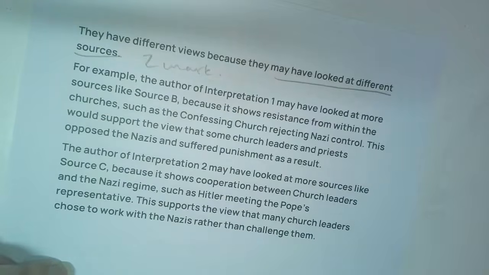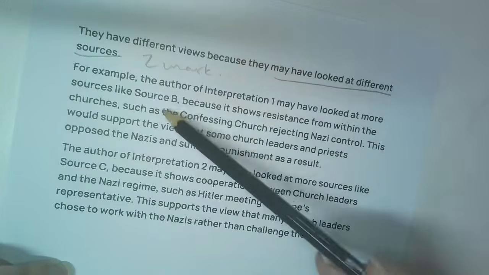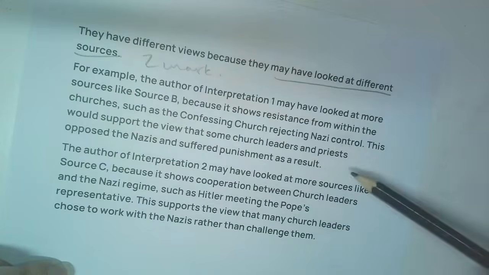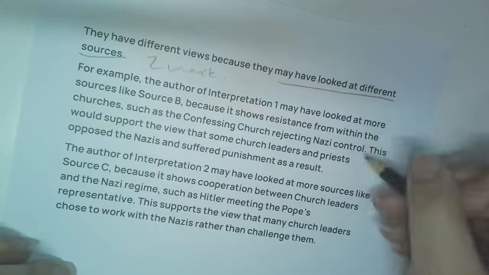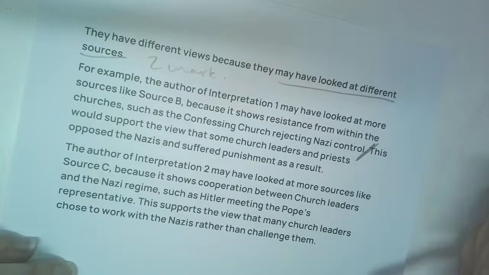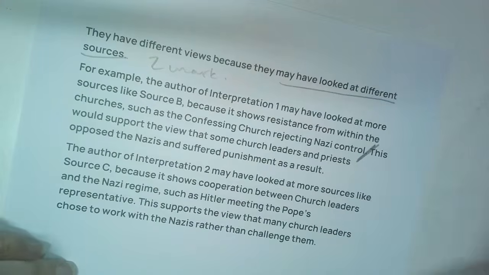It's easy as that, honestly. So interpretation 1 may have looked at more sources like source B because it shows resistance from within the churches, such as the Confessing Church resisting Nazi control. And again, I've got a bit anxious, but this would support the view that some church leaders and priests opposed the Nazis.